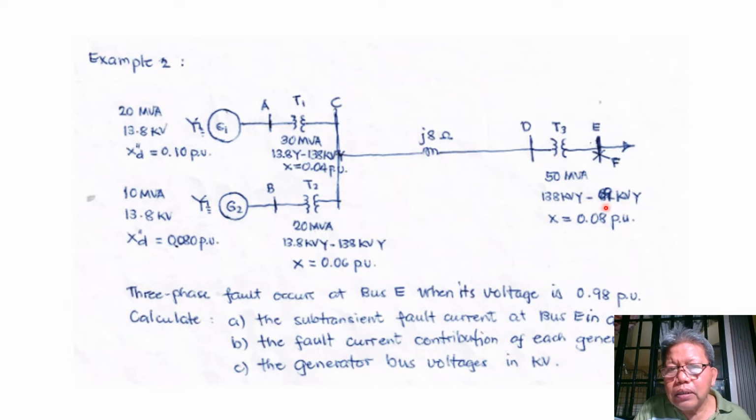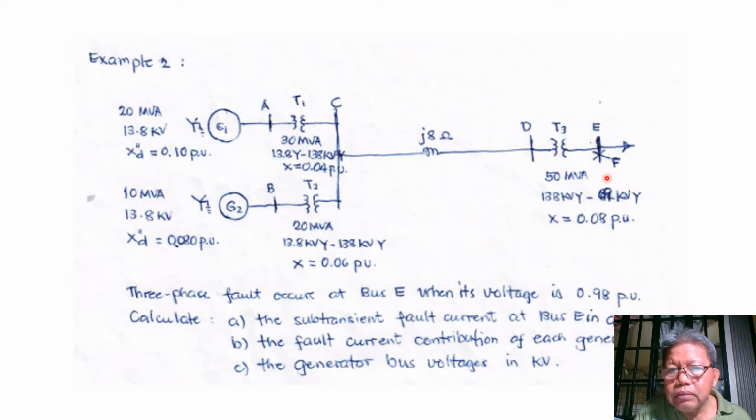There is no mention of the negative sequence values nor the zero sequence values of the components of our system, because we are only considering a three-phase fault in this case. The negative sequence and zero sequence reactances do not enter into our calculation for three-phase faults.